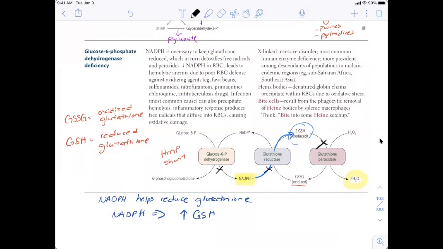All right, peroxides like hydrogen peroxide would accumulate, and other oxides. So the bottom line is your organs, right, where we have your HMP shunts taking place, become prone to oxidation. In the absence of G6PD, they become prone to oxidation from oxidizing agents, right?